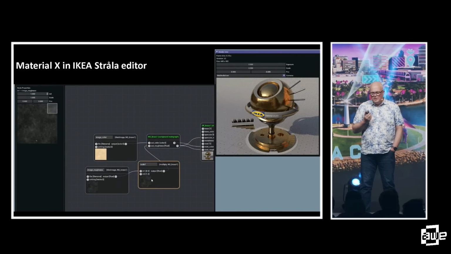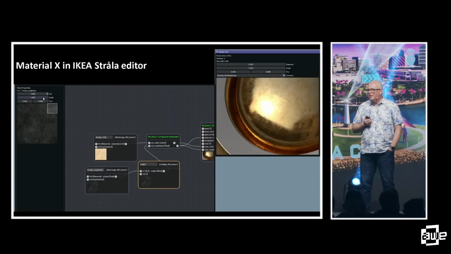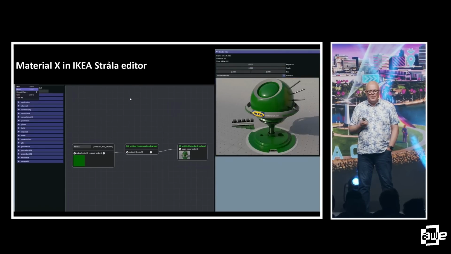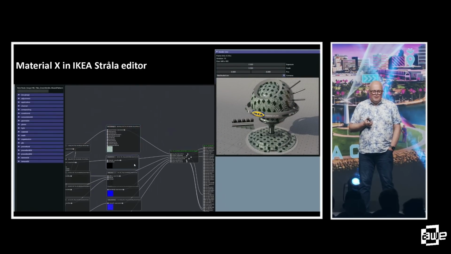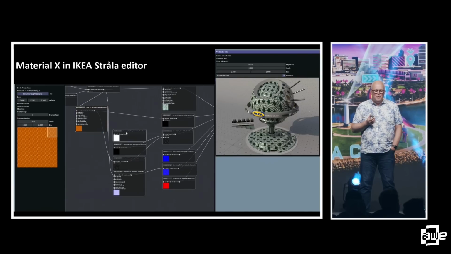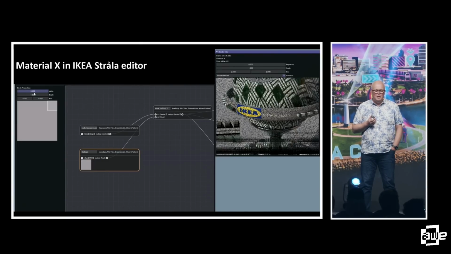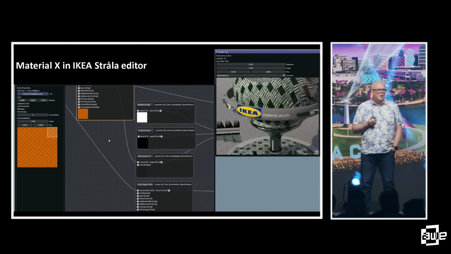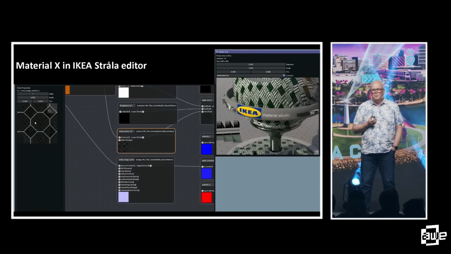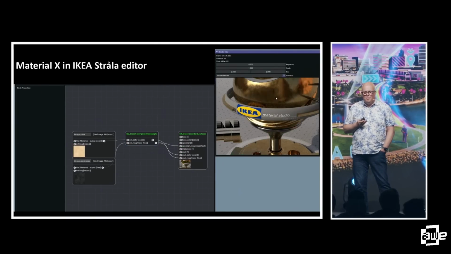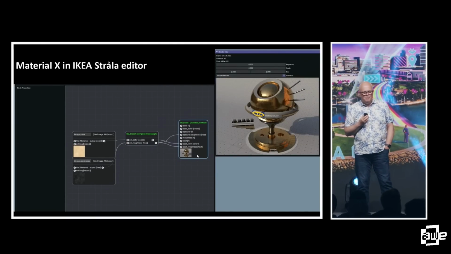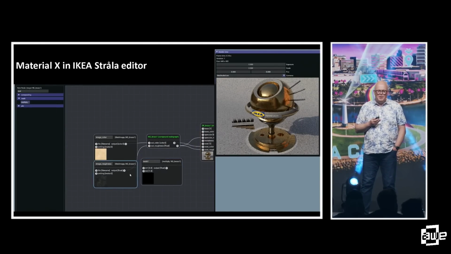And this is taken from the IKEA Stråla editor, so we made our own editor for MaterialX to be able to see it fully rendered in the same editor. And here I think that's where we can help the industry, because we are really picky about our products looking the way they do in real life. And we hope if we can manage to make this open source, we would love to.